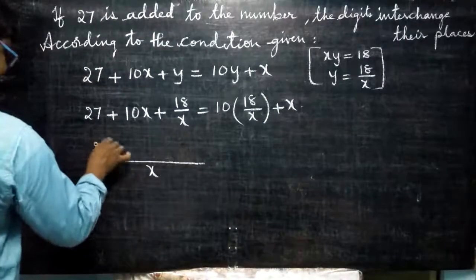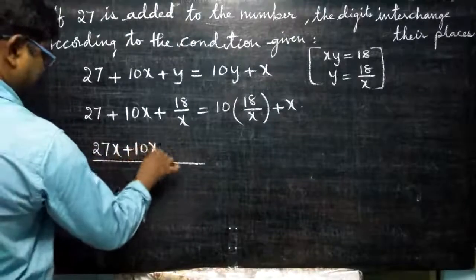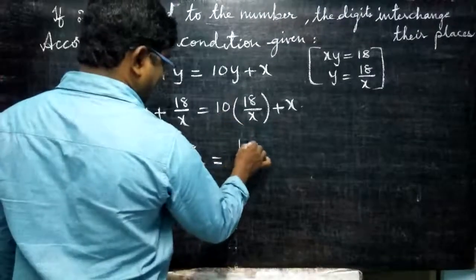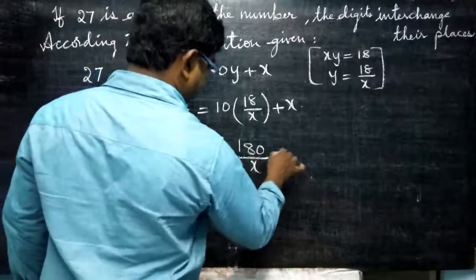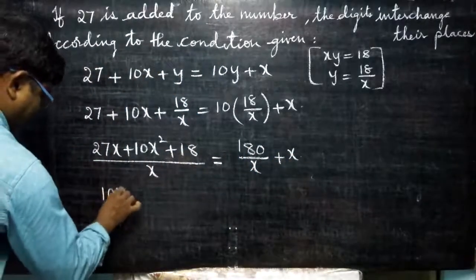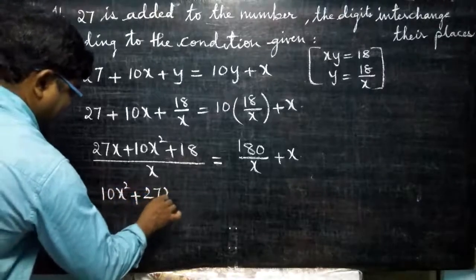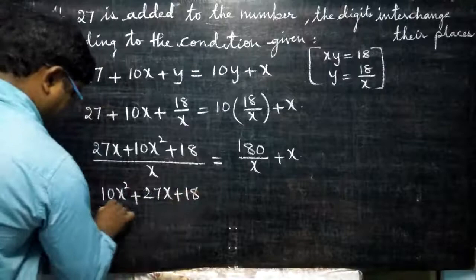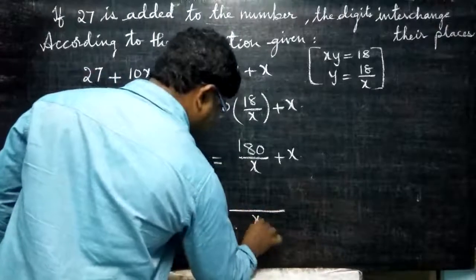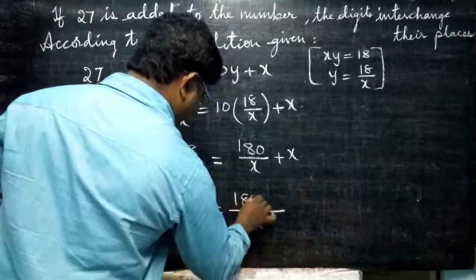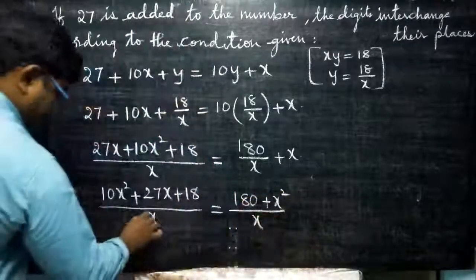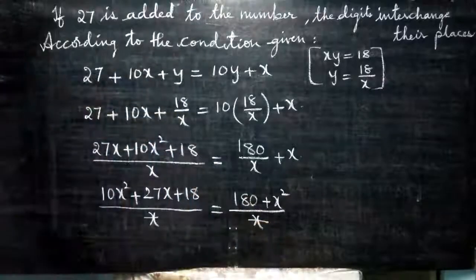Now 27x plus 10x square plus 18 is equal to 180 by x plus x. Simplify. 10x square plus 27x plus 18 by x is equal to 180 plus x square by x, here also x is LCM. Now the denominator gets cancelled.